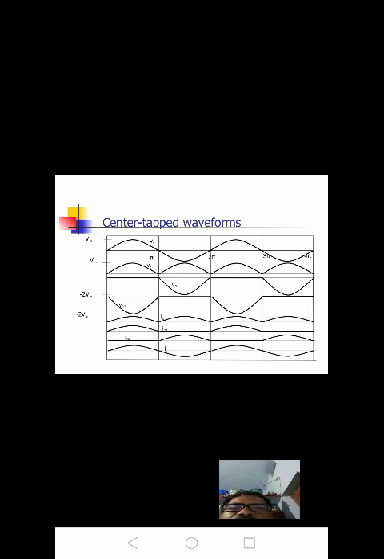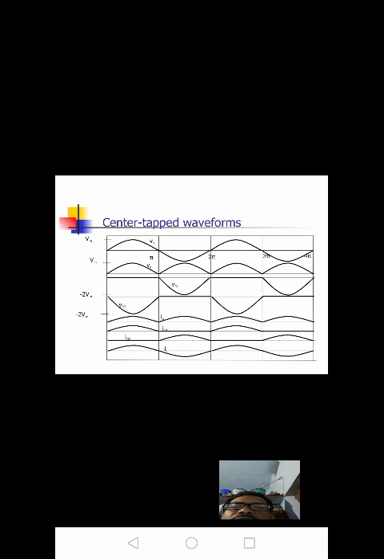In the fourth diagram, we are observing diode D2. During the positive half cycle, voltage appears across diode D2. But at the time of negative supply, pi to 2 pi, D2 is conducting, so it is short circuited, and that's why the voltage is 0.